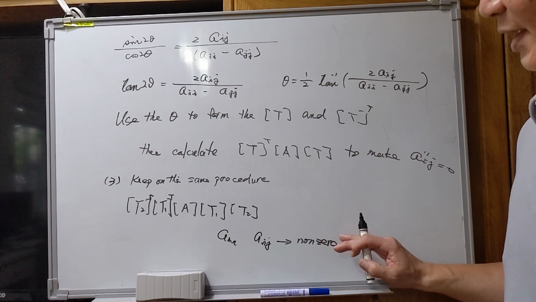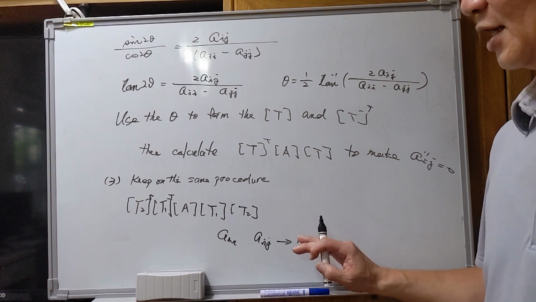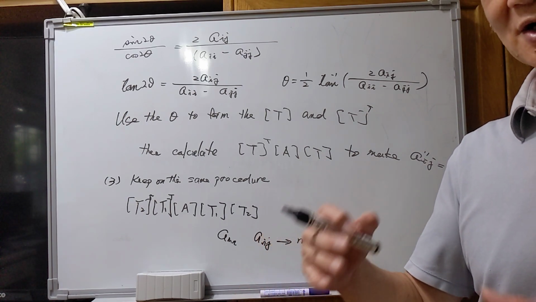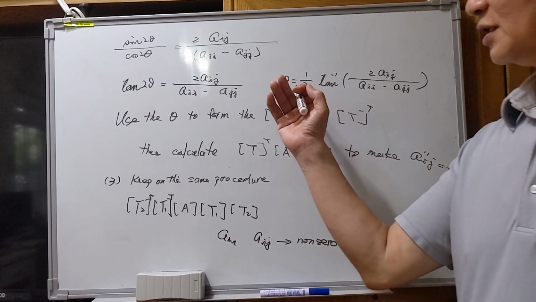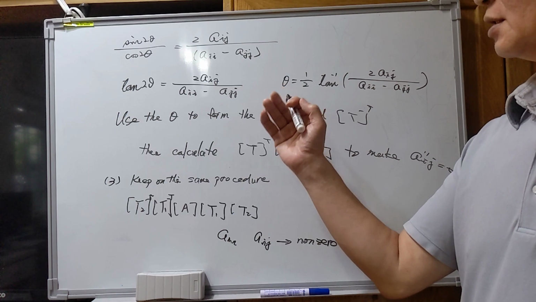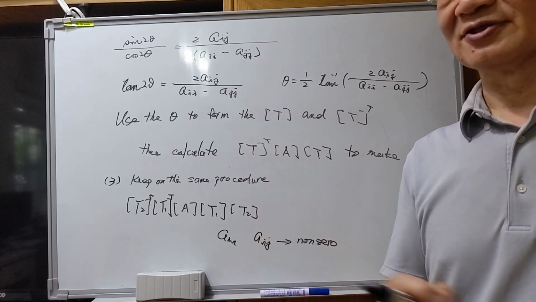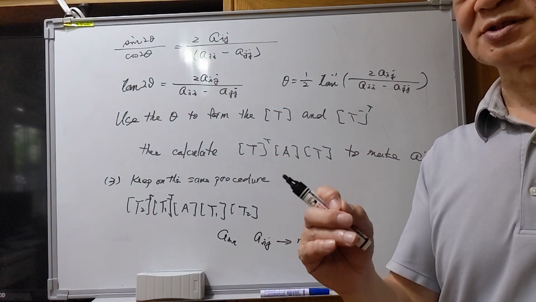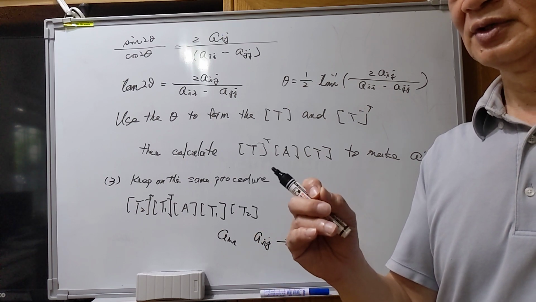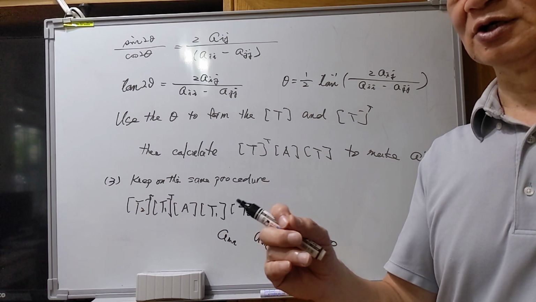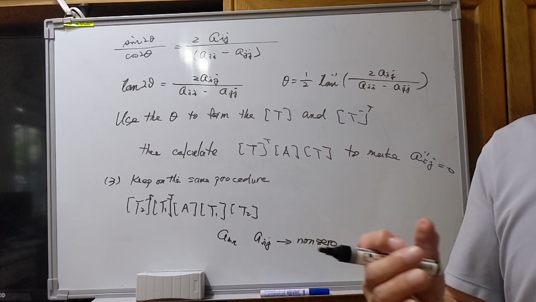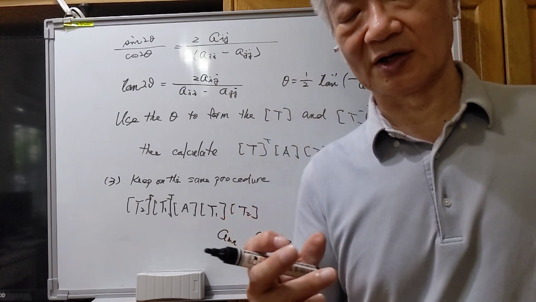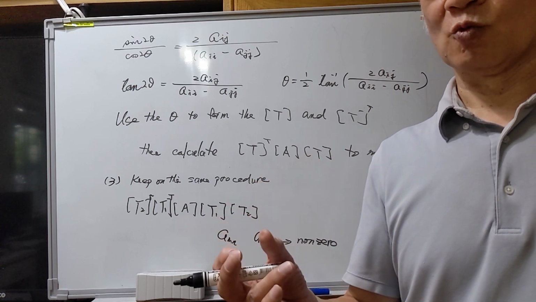But you can expect the A_ij element will become smaller and smaller, since no matter the angle theta, the cosine theta and the sine theta are always values less than 1.